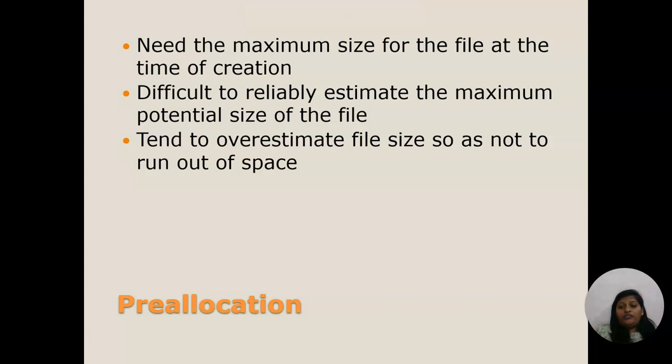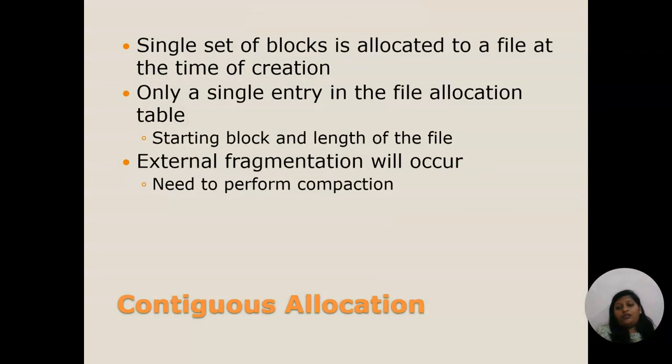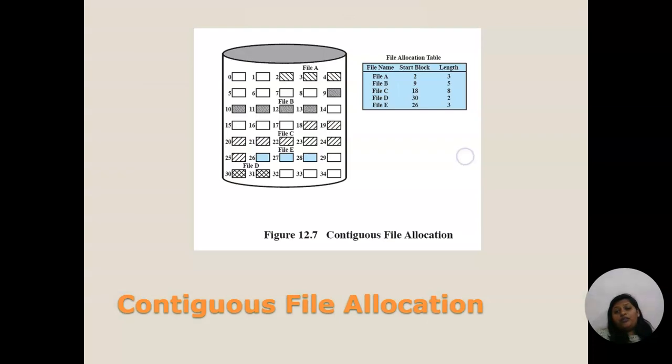We tend to overestimate file size so as not to run out of space. Then contiguous allocation. A single set of blocks is allocated to a file at the time of creation. Only a single entry in the file allocation table, starting block and length of the file. Then external fragmentation will occur. Need to perform compaction.